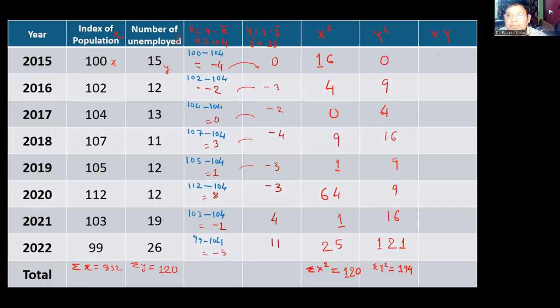So 4 into 0, 0, minus 3 into minus 2, going to be 6. 2 into 0, 0. 4 into 3 is going to be minus 12.